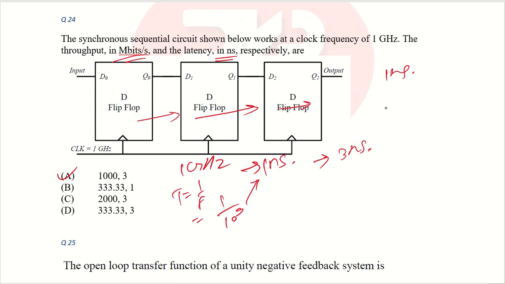In 1 second, how many bits will you get? 10 to the power 9 bits. That is nothing but 10 to the power 3, or 1000 megabits per second. So 1000 megabits per second will be the throughput. The question is in 1 second how many bits you are going to get. So option A for 24.